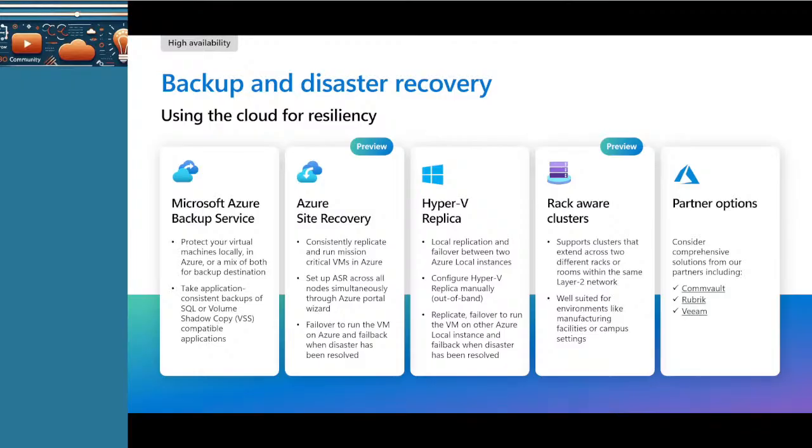Whenever there is a corruption after patching or some issue, you can restore the virtual machine for Azure Local. It's the same as for the Azure virtual machine. Another thing is Site Recovery. From the Azure portal, you can create a recovery services vault, add all the virtual machines running in your Azure Local on premises, and replicate them to Azure.